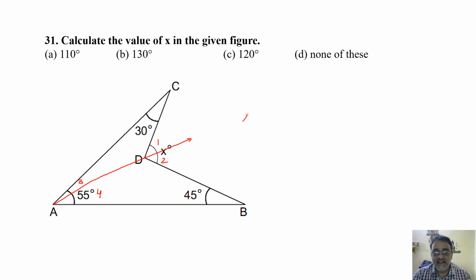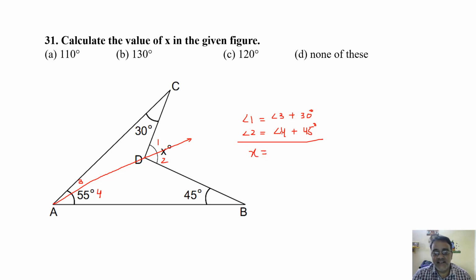Right. So angle 1 is angle 3 plus angle 30 degree, because it is an exterior angle. Similarly, angle 2 we can write as angle 4 plus angle 45 degree. This is clear? Yes. Okay, now we are adding these two. If you add angle 1, angle 2, you will get x.